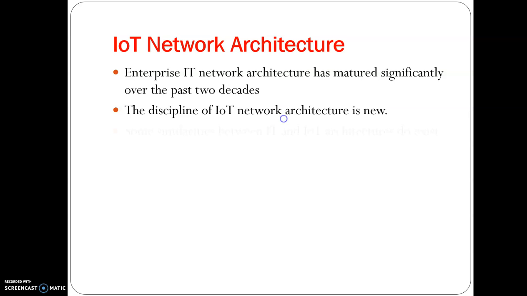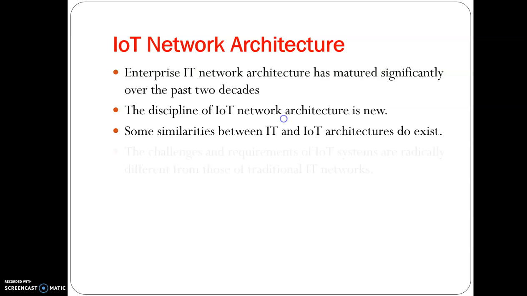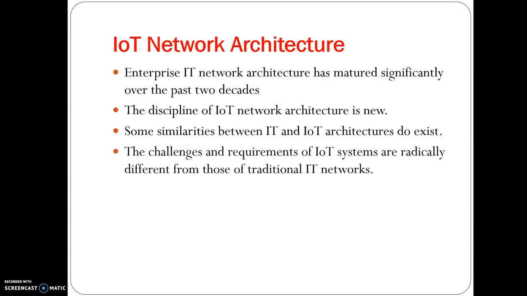It is important to note that while some similarities between IT, information technology, and IoT, Internet of Things architecture, do exist, for the most part the challenges and requirements of IoT systems are radically different from those of traditional IT networks.